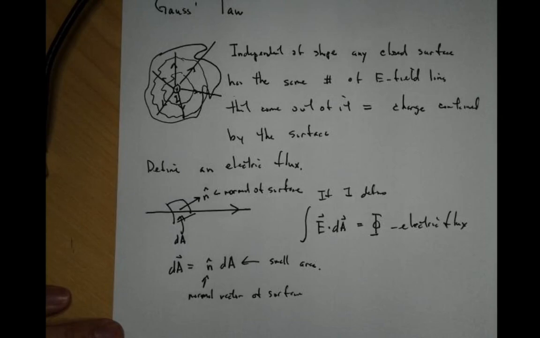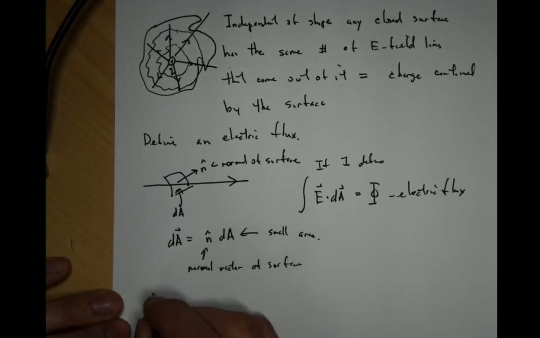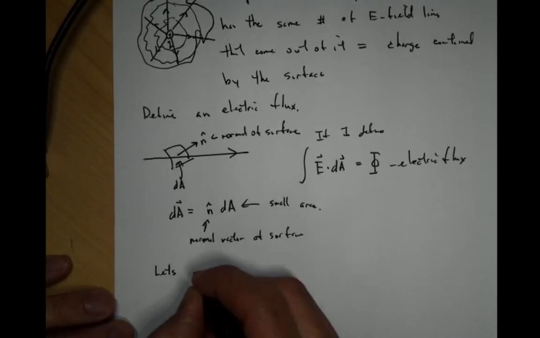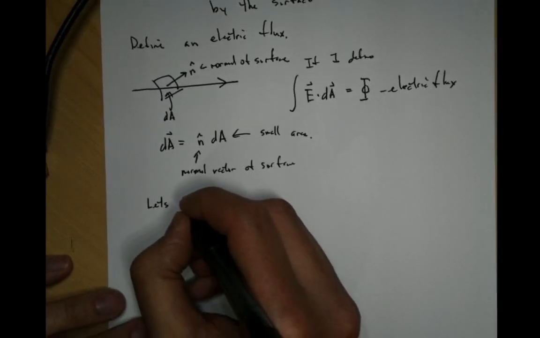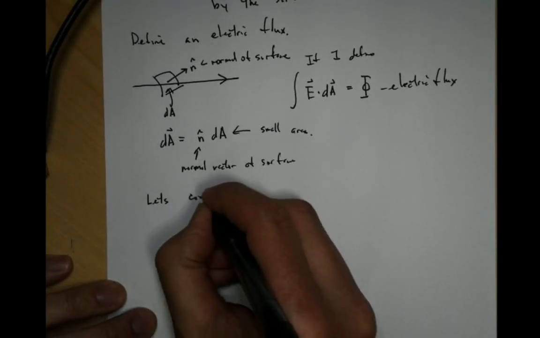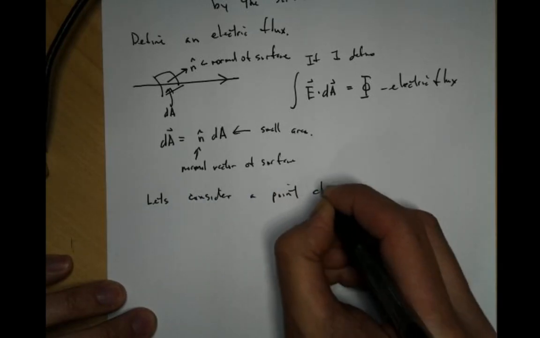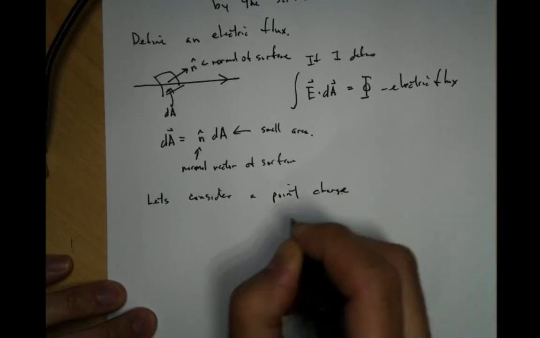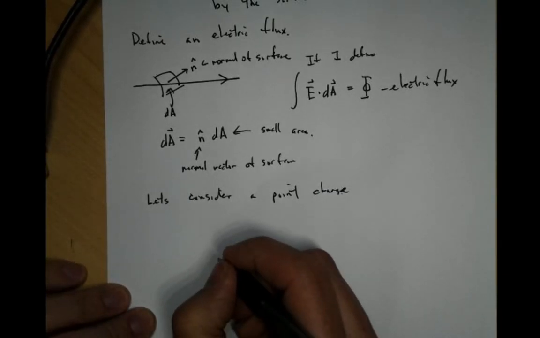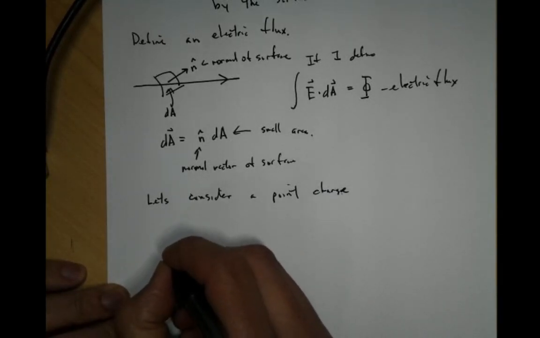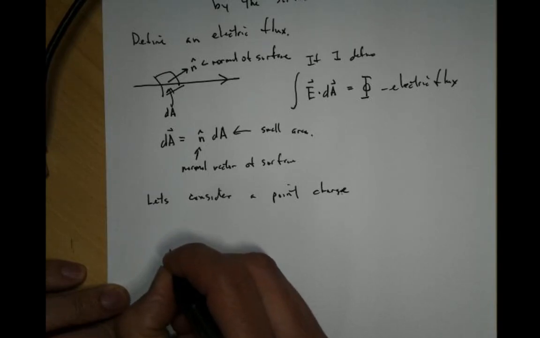Let's consider the simplest case first: a point charge. A point charge looks like this, a big plus.